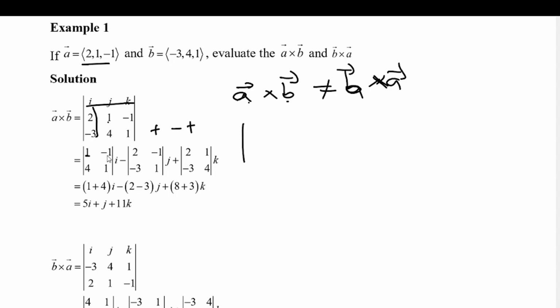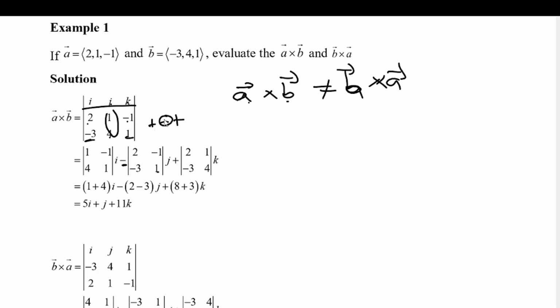Then the second one is for j, which is minus. We delete all entries beneath j, that is 1 and 4, and to the right of j. So we are left with 2, negative 1, negative 3, 1, and that is what we have here.